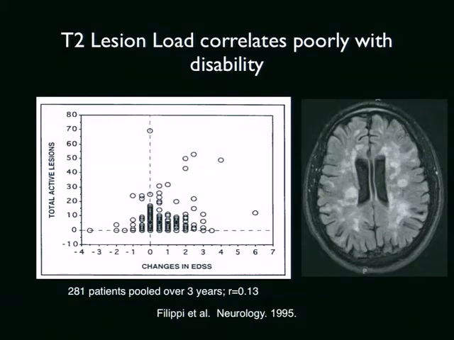And there's a whole focus on imaging of trying to increase the pathologic specificity of various sequences, because frankly the conventional sequences are not that good at differentiating the degree of demyelination and the degree of axonal loss.